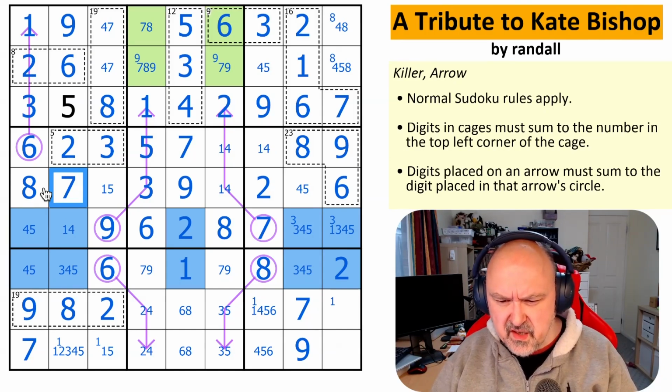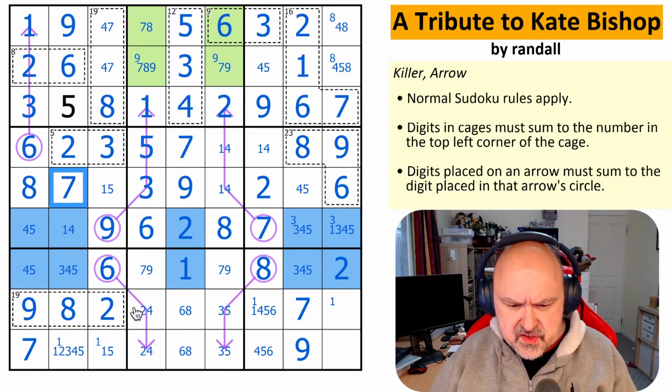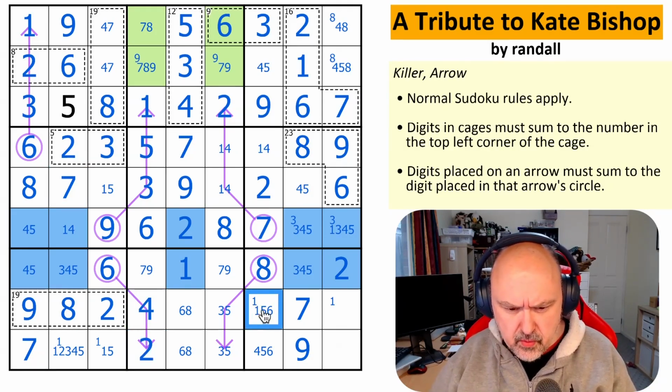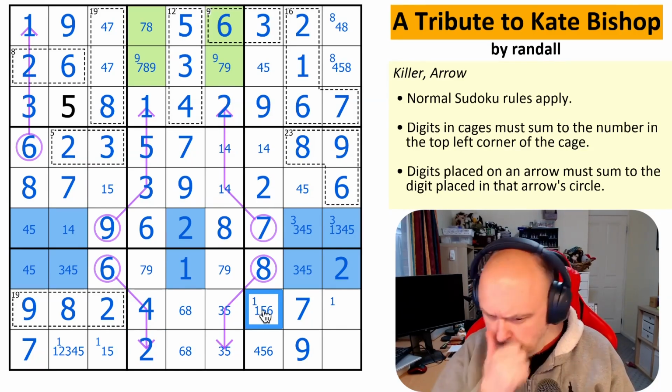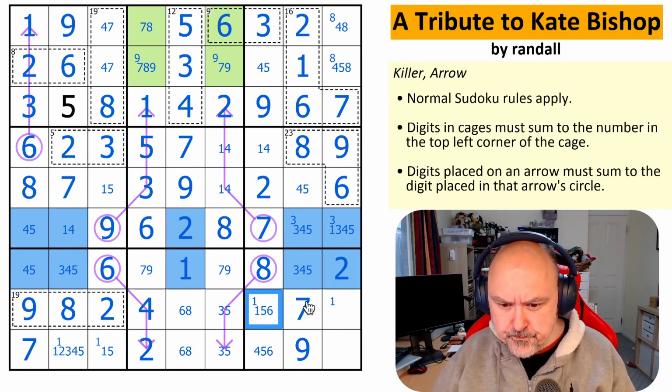Not very tricky, but there's... This 2 is making this 4 and this 2. So that's not 4. I've already got the 2 up there. That's fine.